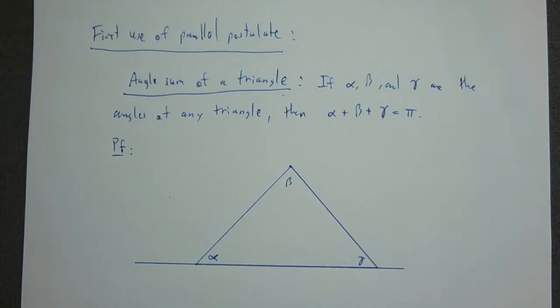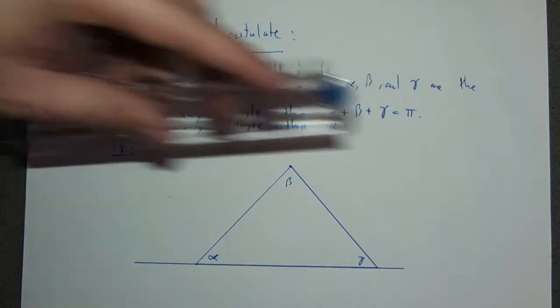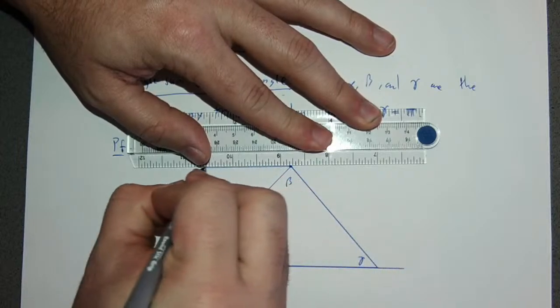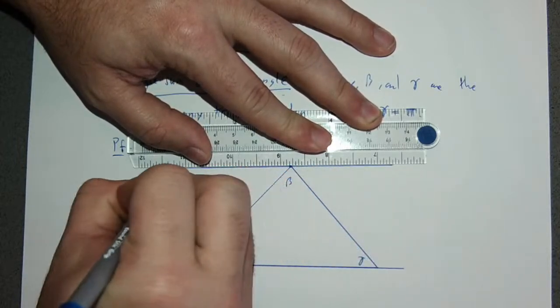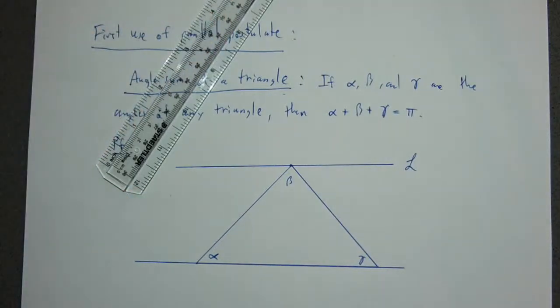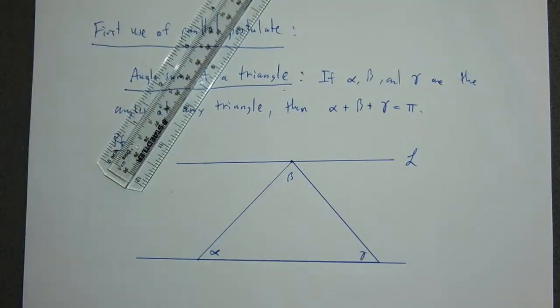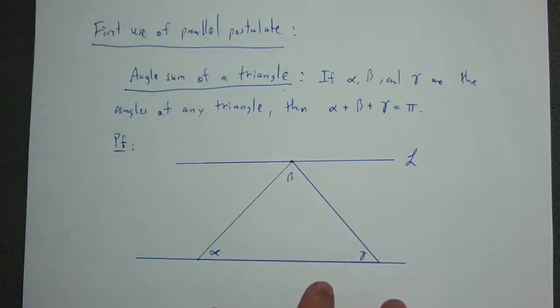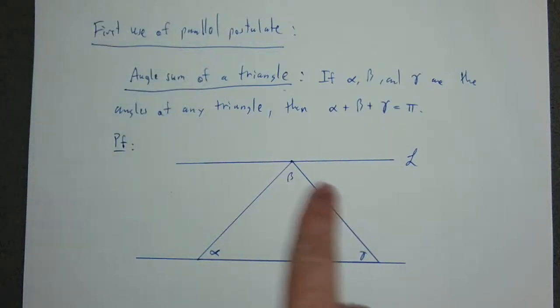So through that point, I can construct a parallel. Call this L. Here's my line that is parallel to this one. The way I've drawn it doesn't actually look parallel, but it is.